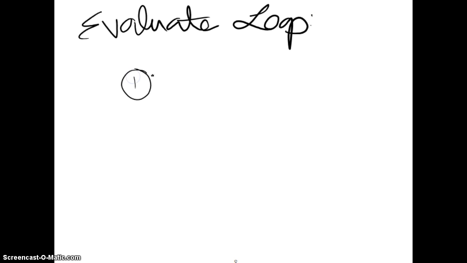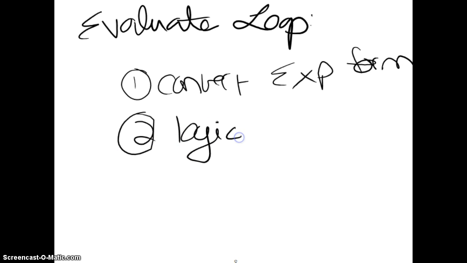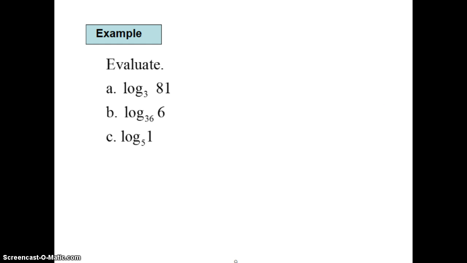First we want to convert to exponential form. And then we want to use logic to evaluate. So let's look at an example.